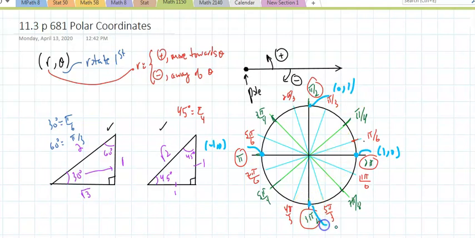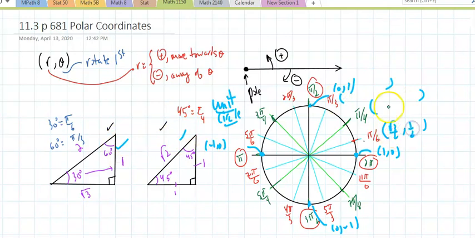And this point was 0, negative 1, because this is a unit circle, which trig is based on. And back in trig, you might not have seen those two triangles. You might have just memorized that this is radical 3 over 2, 1/2. This is radical 2 over 2, radical 2 over 2. And this is 1/2, radical 3 over 2, right?